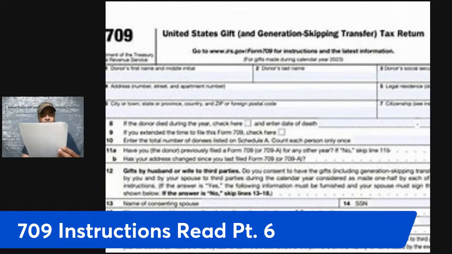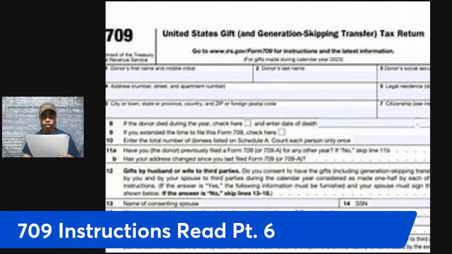You may allocate some, all, or none of your available exemption, as you wish, among the gifts listed in Part 3 of Schedule D. However, the total exemption claimed in column C may not exceed the amount you entered on line 3 of Part 2 of Schedule D. Column D. Carry your computation to 3 decimal places.